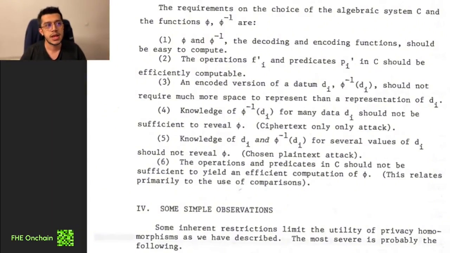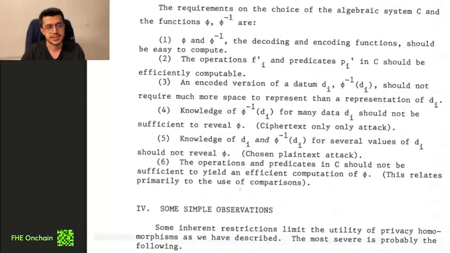In a non-homomorphic setup, you basically store your data in plain text form, say di, and it takes some space in the database. But in the homomorphic version, we're storing the encrypted or encoded version of our data instead. So it's a ciphertext, not a plaintext, and the size of the ciphertext should not be that much bigger than the size of the plaintext.